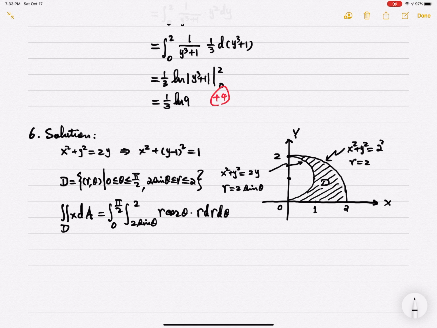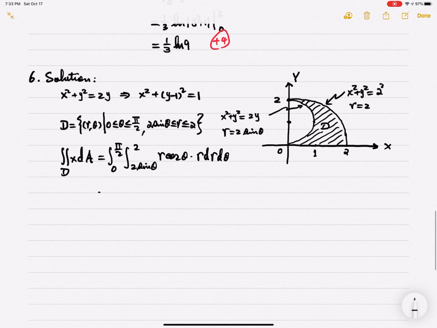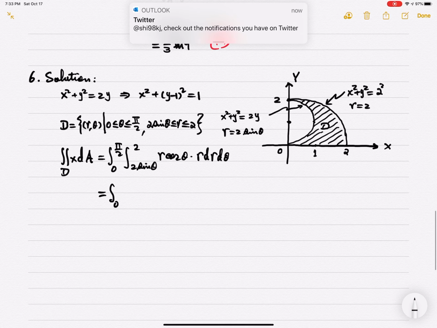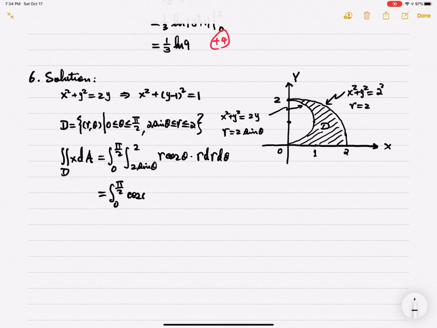So this is equal to the integral from 0 to pi over 2. Now, with respect to r, cosine is like a constant. We move out cosine. For r squared, the antiderivative is 1/3 r to the third, and plug in 2 sine theta. We can put a parenthesis around here, and then d theta.